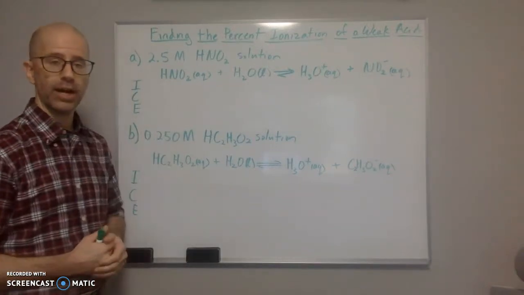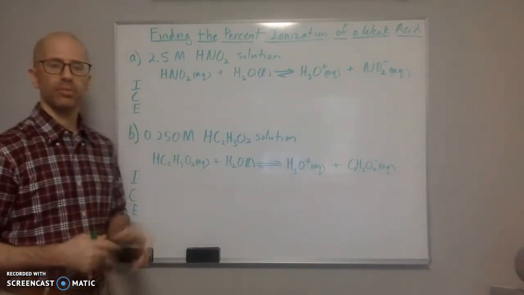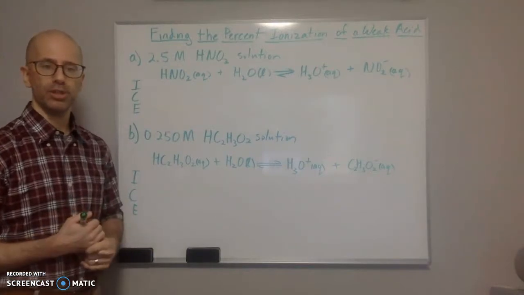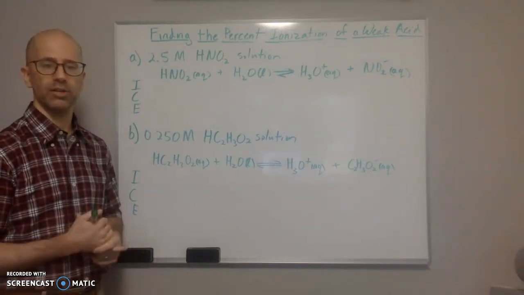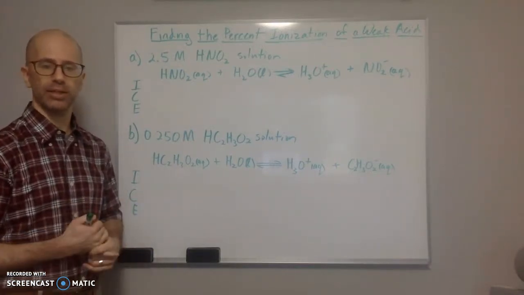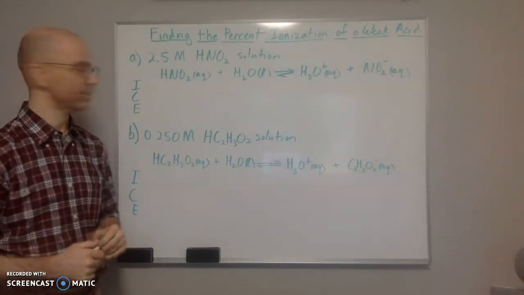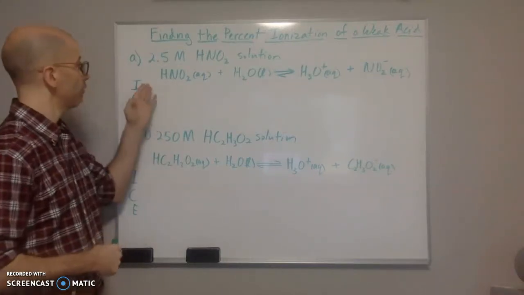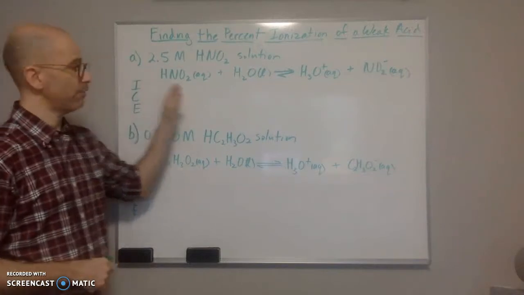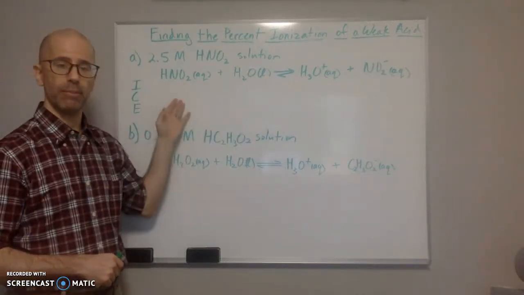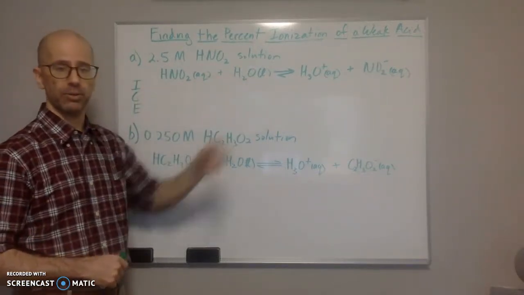So you got to do your ice table again. So you got to find out how much change occurs, get the equilibrium expressions, plug that into your Ka expression, and find X. So the first thing you need to do is have a balanced equation. If you don't have a balanced equation, you need to make a balanced equation.